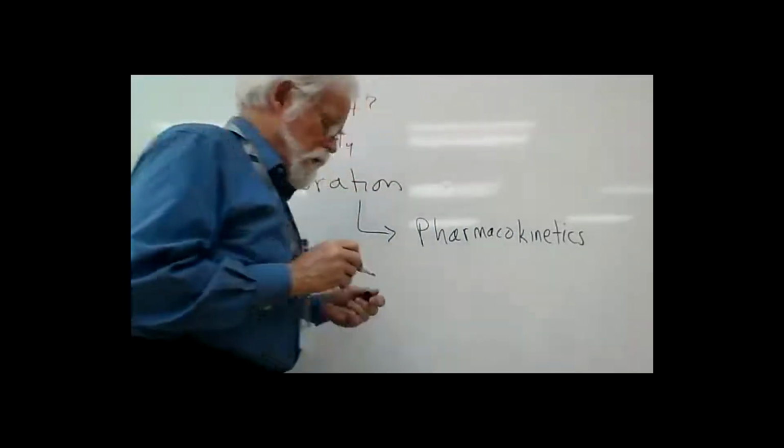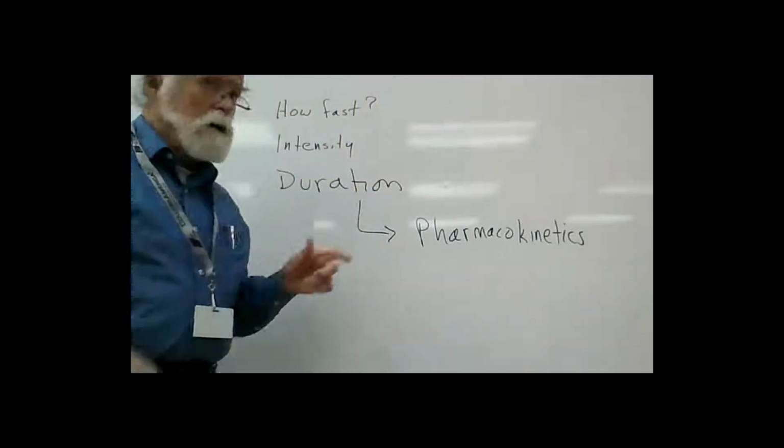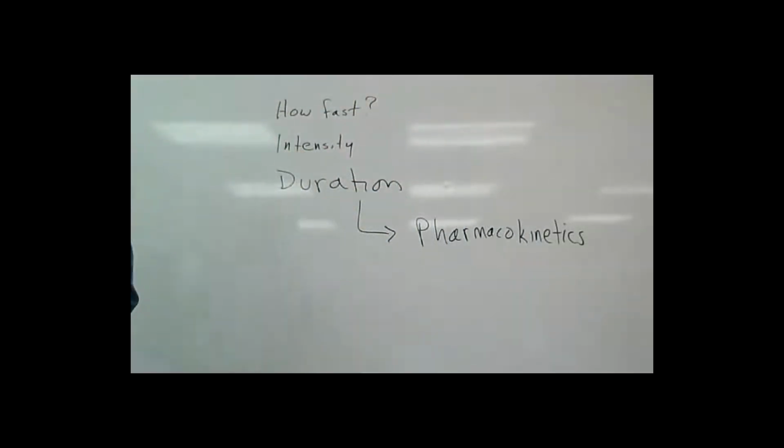Because this defines how fast, how intense, and how long. You'll note that some drugs you take once a day, some drugs you take twice, 3, 4 times a day. We don't generally like drugs that you have to take more than about 4 times a day for one major reason, and that is that patients don't comply.